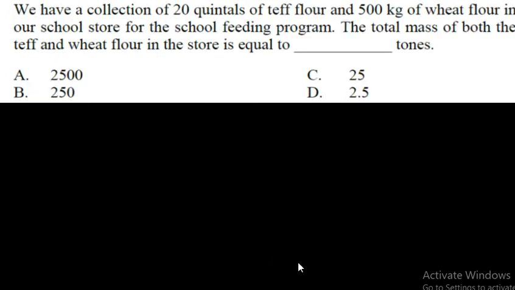The next question: we have a collection of 20 quintals of teff flour and 500 kilograms of wheat flour in our school store for the school feeding program. The total mass of both the teff and the wheat flour in the store is equal to dash tons. What is the objective of this question?